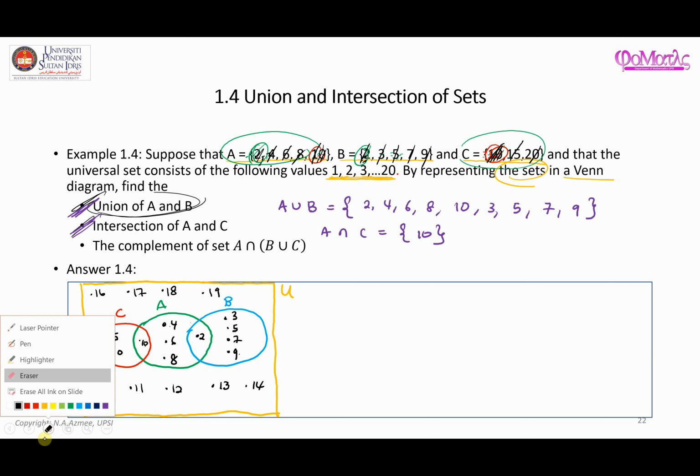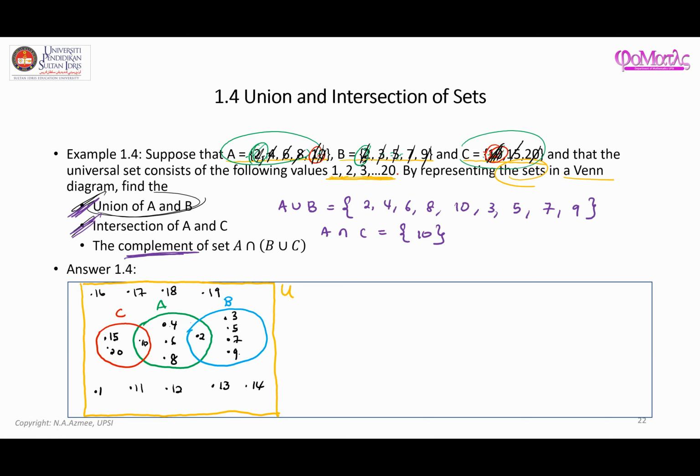Next, let me just erase that. Okay, so next is this part here, where you have the complement of set A intersect with B union C. So this can be translated as A intersect with B union C, and you want to find the complement of that. So this is slightly complicated, but I'm sure we can do it.